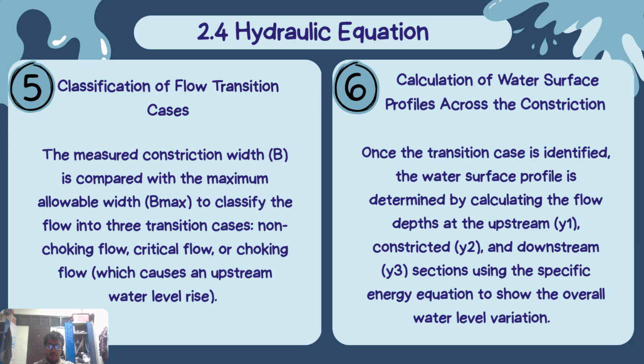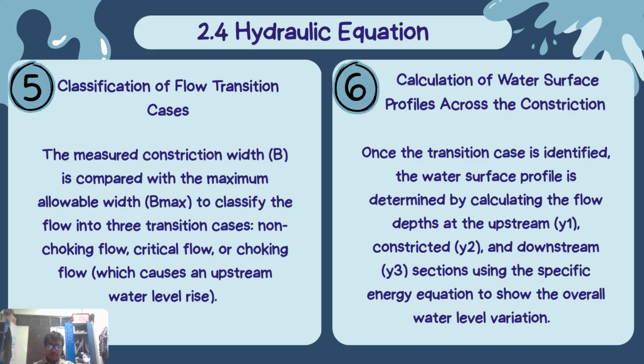2.4 hydraulic equation 5, classification of flow transition cases. The measured constriction width B is compared with the maximum allowable width Bmax to classify the flow into three transition cases: non-choking flow, critical flow, and choking flow, which causes the upstream water level to rise.